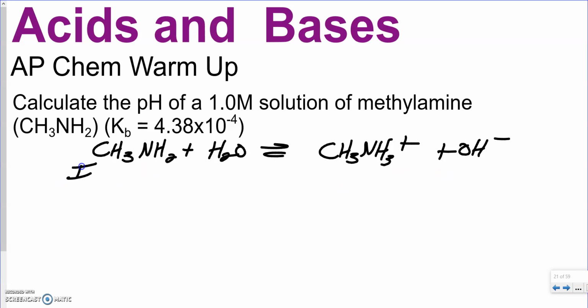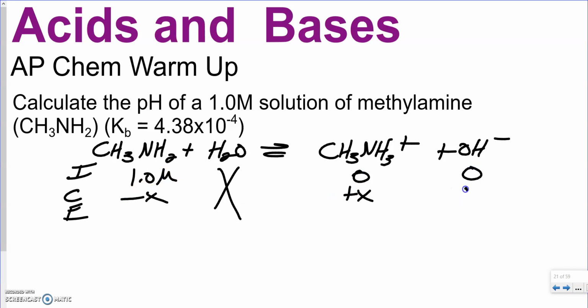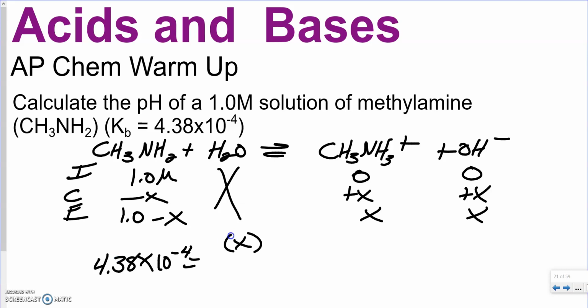From there, we set up our ICE table, and we have 1 molar, going to get rid of the water, 0 and 0, minus x, plus x, plus x, and then 1.0 minus x, x, and x. And we solve it by setting up our Kb, 4.38, sorry, not 4.8, 4.38 times 10 to the negative 4th equals x times x, or x squared, over 1.0.